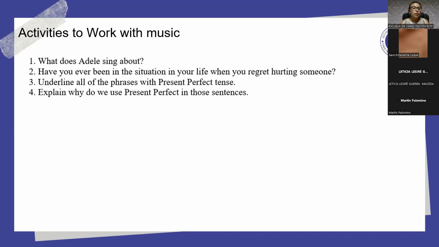You can change the questions a little bit, but the purpose can be that your students listen to the song. Maybe they practice only the song, but at the end, you are going to ask them to connect what they listened to with their lives. Yes? What kind of evaluation can you have with this? What adjectives, for example, a student is using, how he or she is writing the sentences, etc.